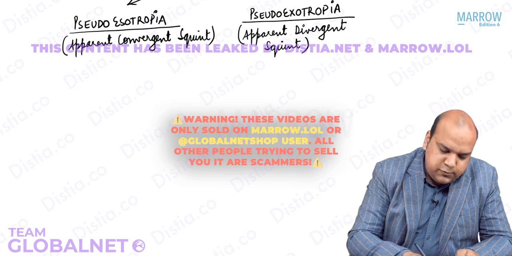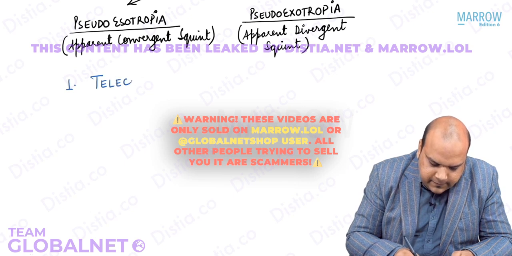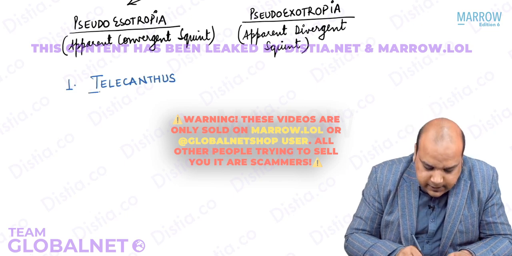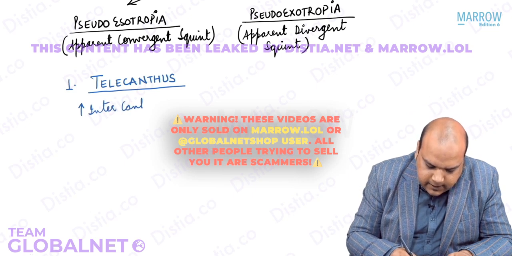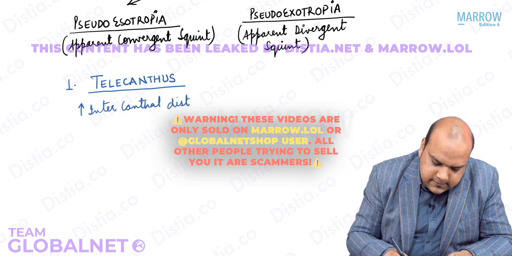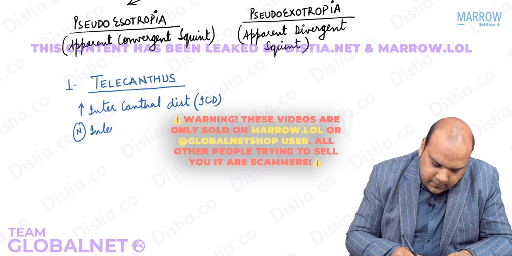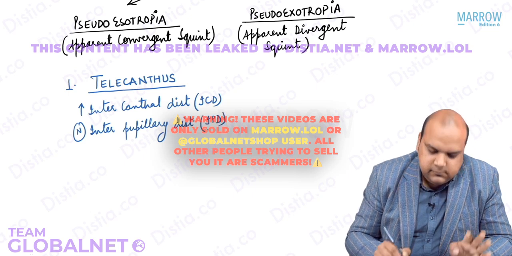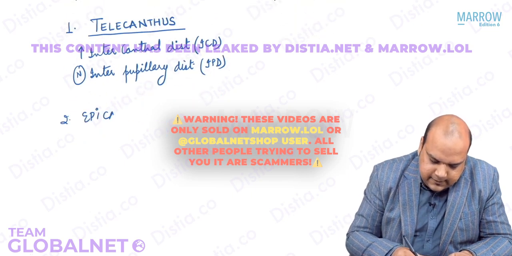Now, what are the causes of pseudo-esotropia? Let's write it. Number one, telecanthus. What is telecanthus? In simple words I am writing, then I'll explain later on. Increased intercanthal distance, that is ICD, with normal interpupillary distance, IPD. Okay? Number two, epicanthus.